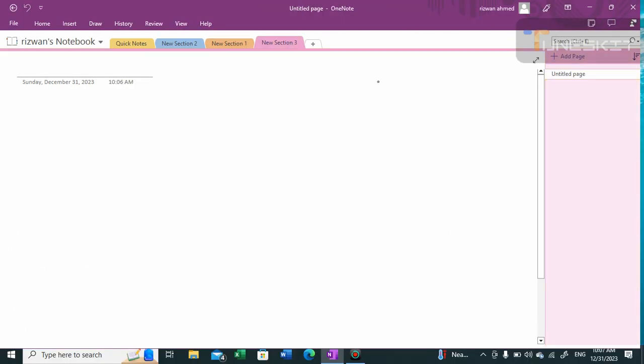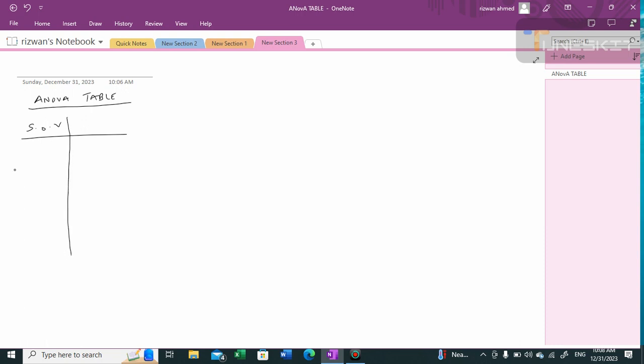So ANOVA table we construct, in which the very first column is the source of variation, and there are three sources of variations. First of all, factor A, that is representing the effect of fertilizers. Then another source of variation is the seed type that we have labeled or denoted as B. Then we have error, and all makes the total collectively.